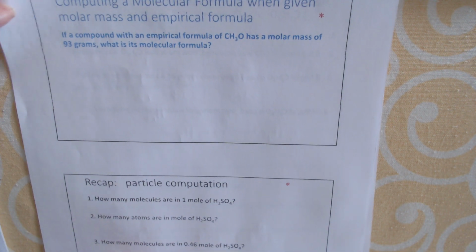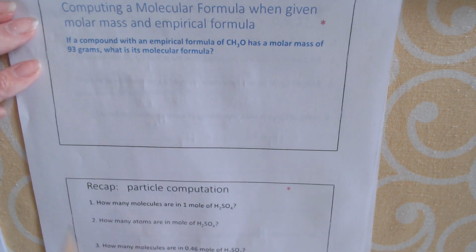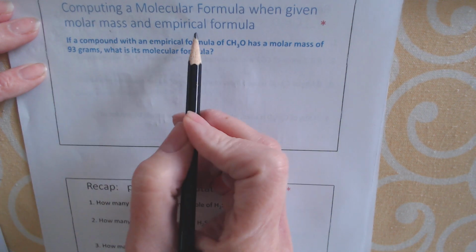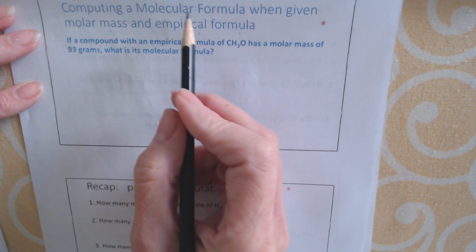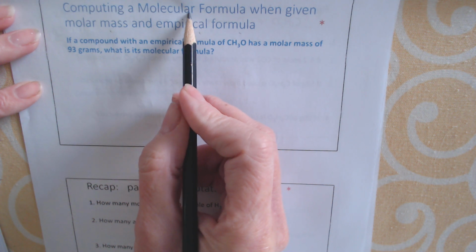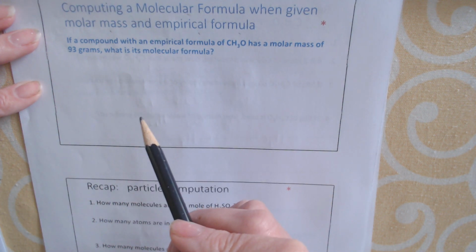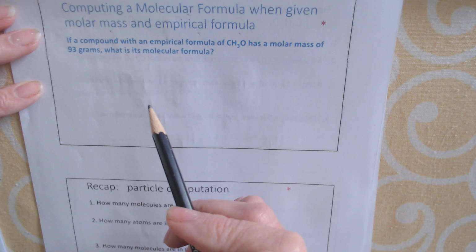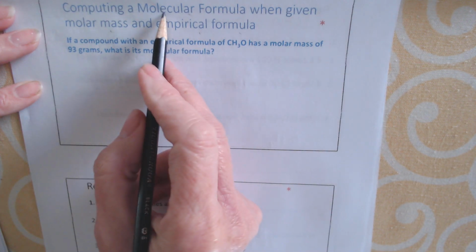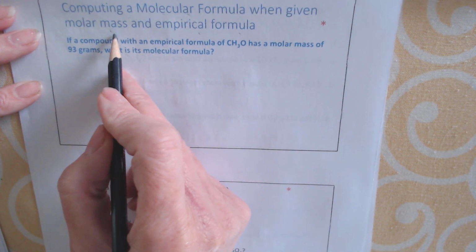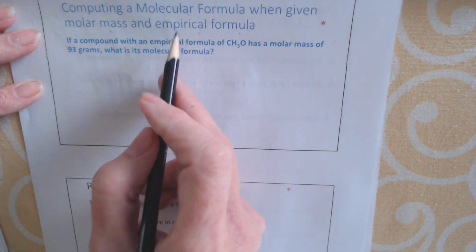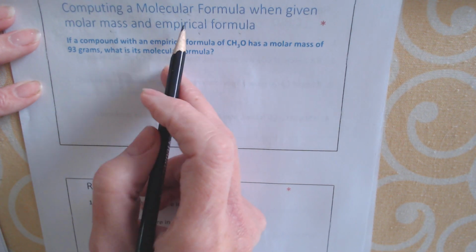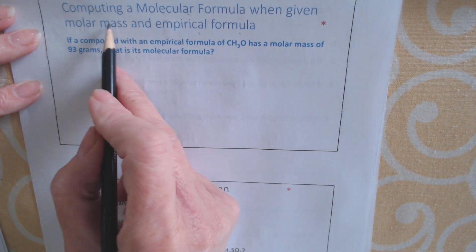Now, let's think about this. If I give you a molar mass and an empirical formula, can you find out what the molecular formula is? Let's think about what that really means, all right? So a molecular formula we know is just going to be a multiplier of the empirical formula, and I can find out the multiplier if I have the molar mass.